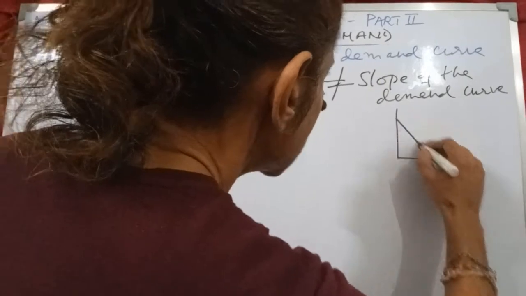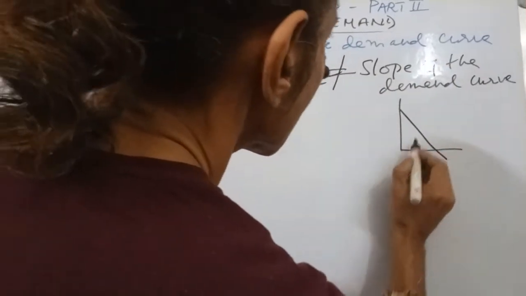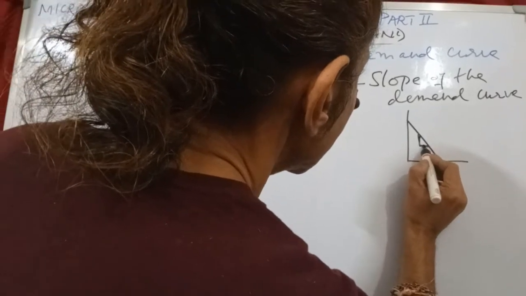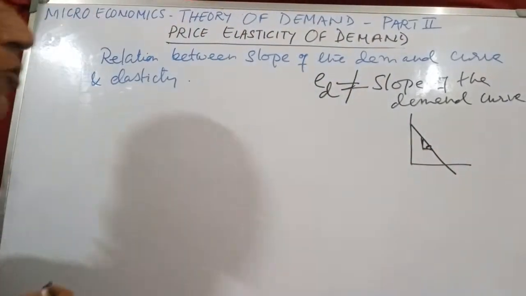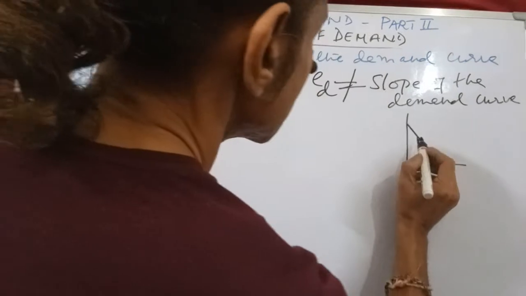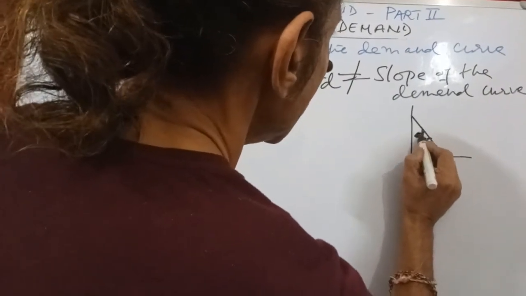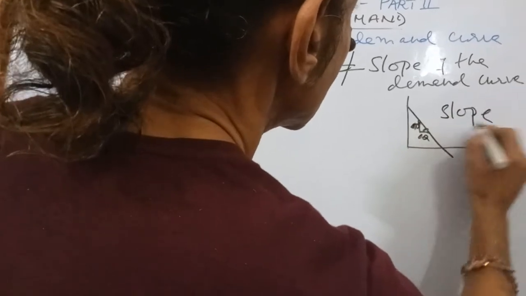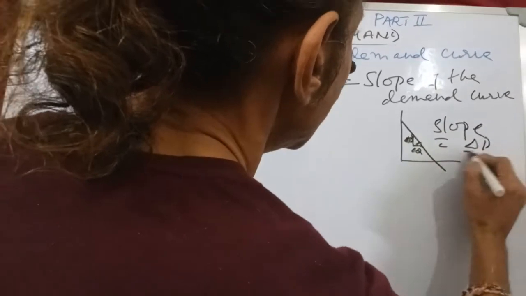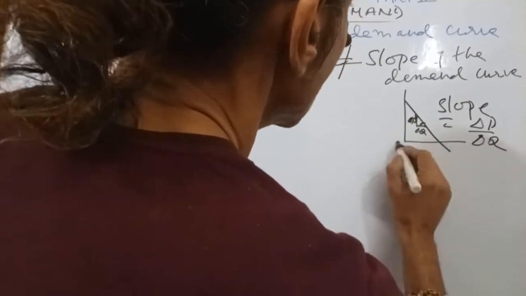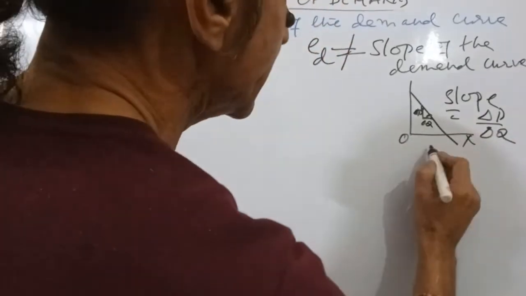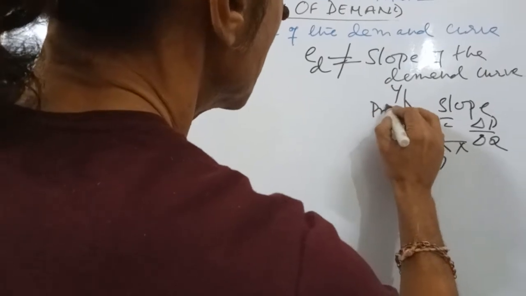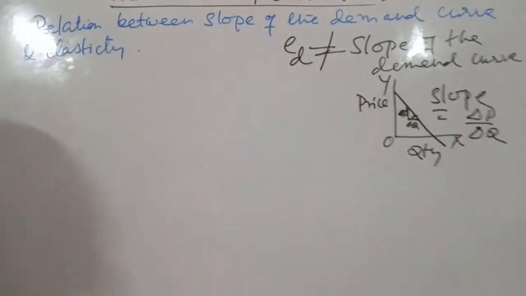When you draw a straight line demand curve, this angle is the slope of the demand curve, that is delta P by delta Q. Slope equals delta P by delta Q when we measure quantity on x-axis and price on y-axis.